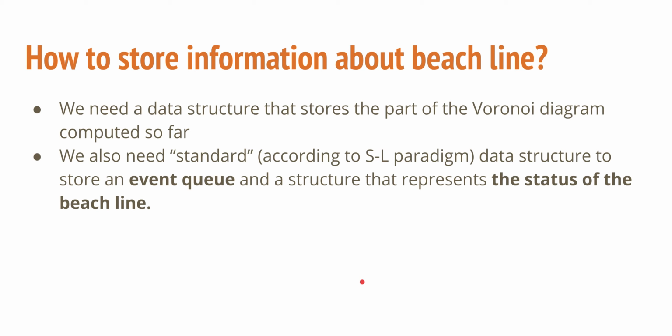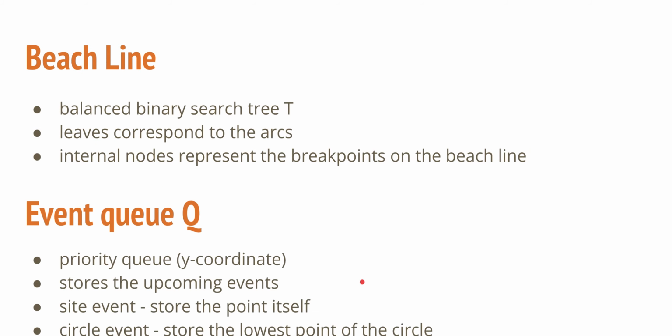Okay, so how do we store information about the beach line? We will need a data structure that stores the part of the Voronoi diagram computed so far, and this of course will be our famous DCEL. We also need some standard, according to the sweep line paradigm, data structures: a priority event queue and the structure that will represent our beach line.